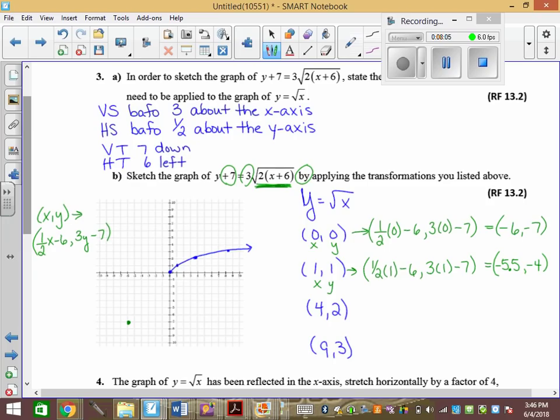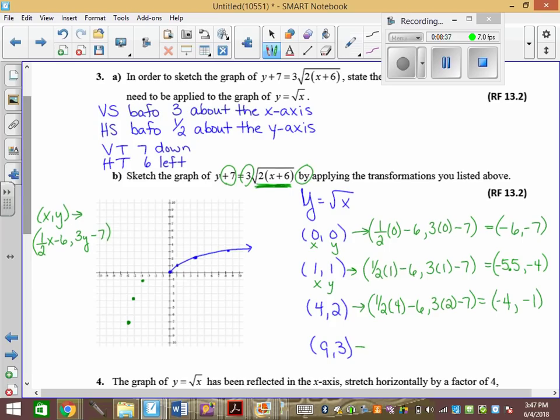So I'm at (−5.5, −4). And (4, 2). Going to get a half times 4 minus 6, comma 3 times 2 minus 7. So a half times 4 is 2, minus 6 is −4. And then 6 minus 7 is −1. So I'm at (−4, −1).